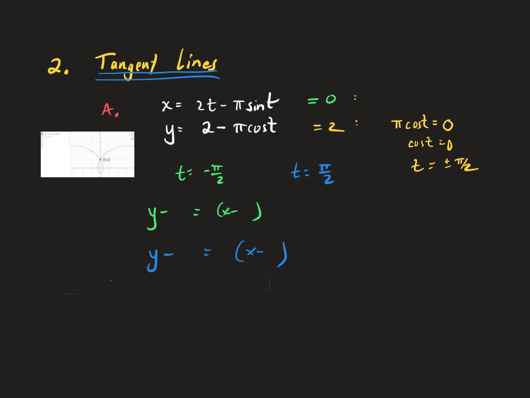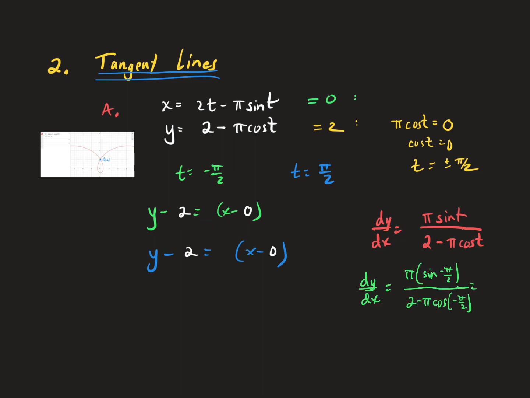In both cases, the point the tangent line passes through is (0, 2). So now we just need the slope. So dy/dx is dy/dt over dx/dt, and when t is negative pi over 2, we get negative pi over 2.